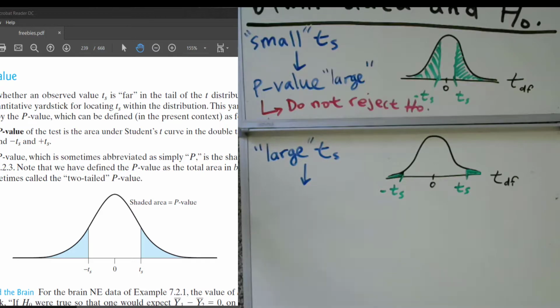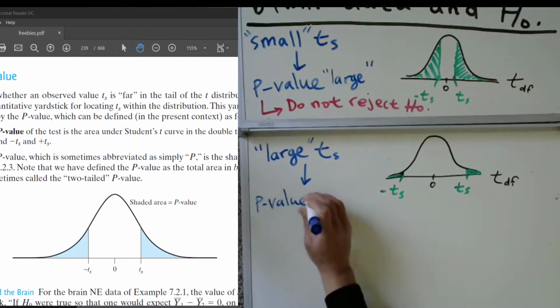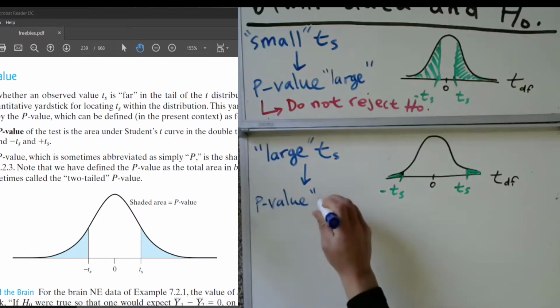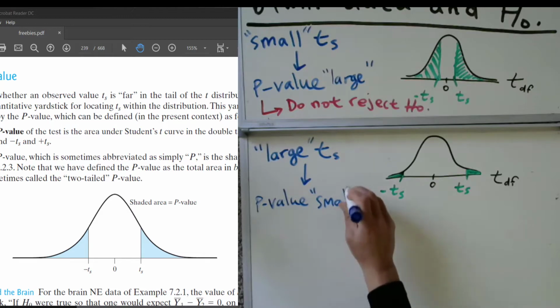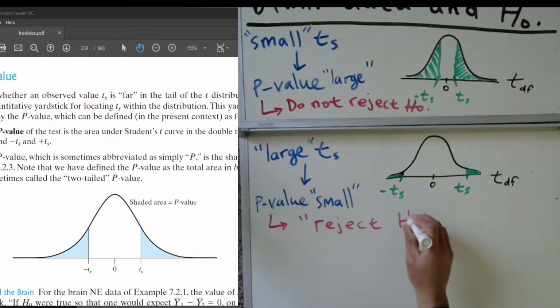So a large test statistic is going to result in a p-value that is small, indicating that the data are incompatible, not compatible with the null hypothesis. As such, our conclusion would be to reject the null hypothesis.